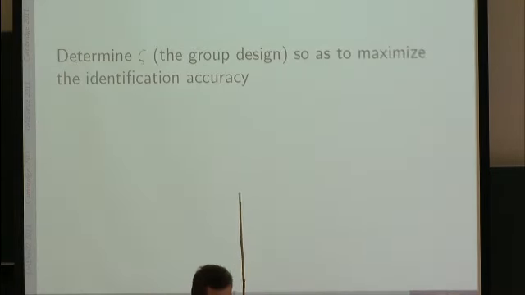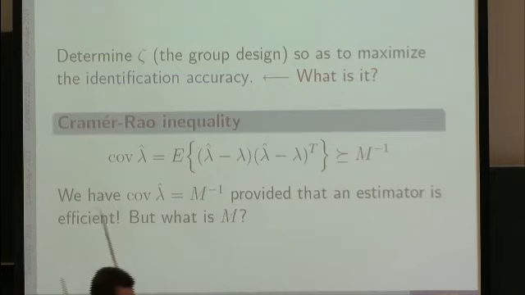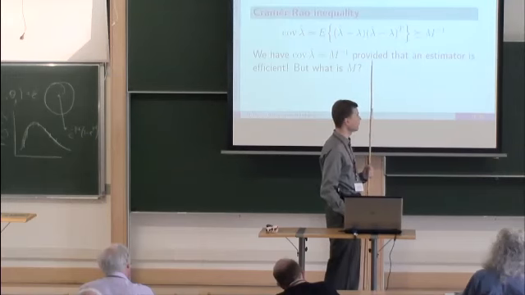So roughly, our design problem can be formulated as: determine the group design so as to maximize the identification accuracy. Within the area of control, there are 3 different approaches, but probably the mainstream is the methods originating from optimum experimental design. So I won't spend too much time on describing the alternative approaches.